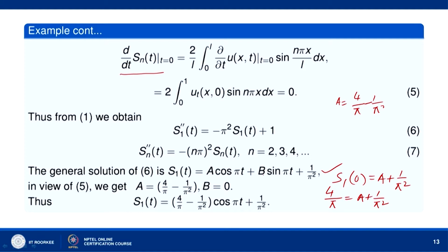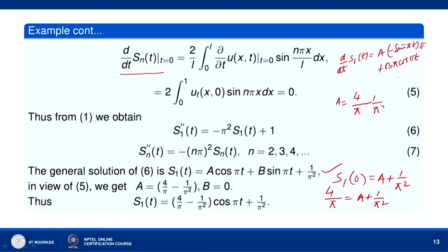To obtain the value of b, let us differentiate this equation with respect to t. So d over dt of S1 t equal to a into minus sin pi t into pi, plus b pi cos pi t.